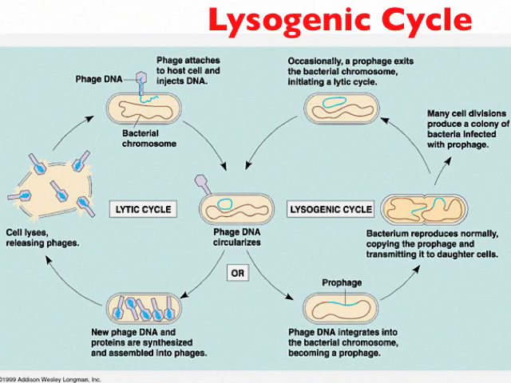It gets incorporated into the cell, and it keeps replicating it. And as it goes through that lysogenic cycle, every time that bacteria reproduces, you get an offspring that includes that phage DNA. Now, on the left side, you see the lytic cycle. This is the immediate, explosive, kill the cell, make as many viruses as you can, and move on.